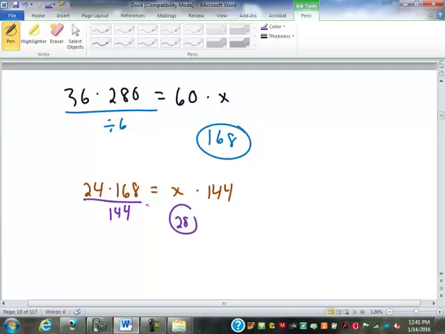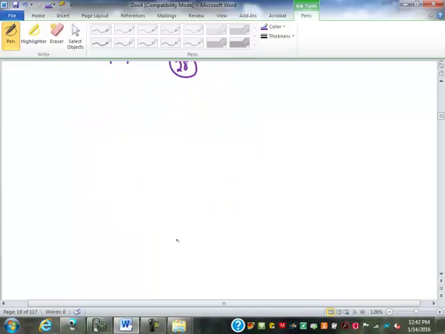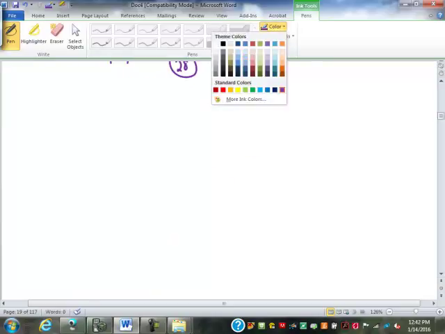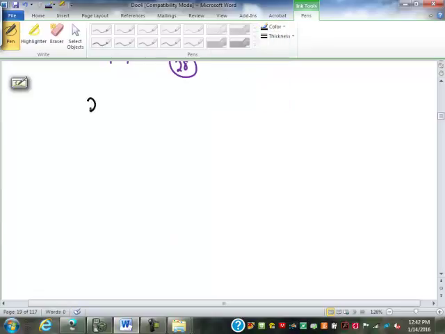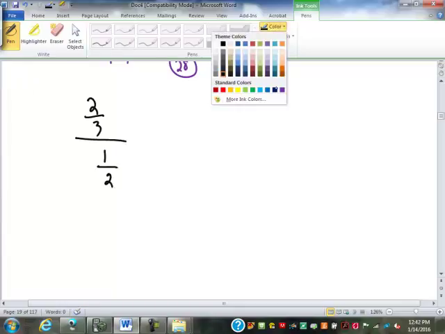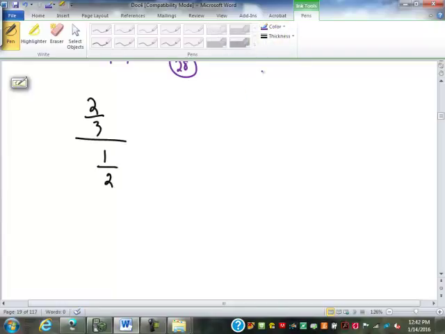Okay, Nick, what was your question? 154, page 1, 13 to 15. Ah, 2/3 to 1/2. Okay, this is why I like to use the fractional notation. It looks a little complex with this, but 2/3 to 1/2, right? What I would do on here, this is page 154, number 13.